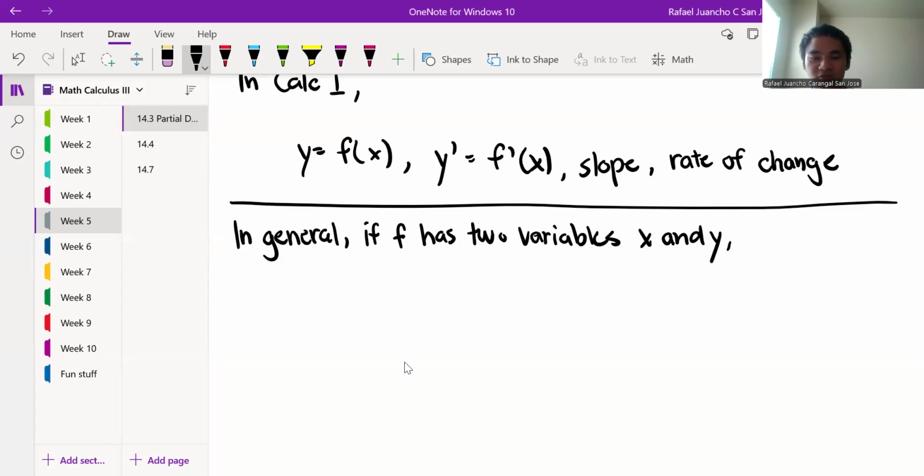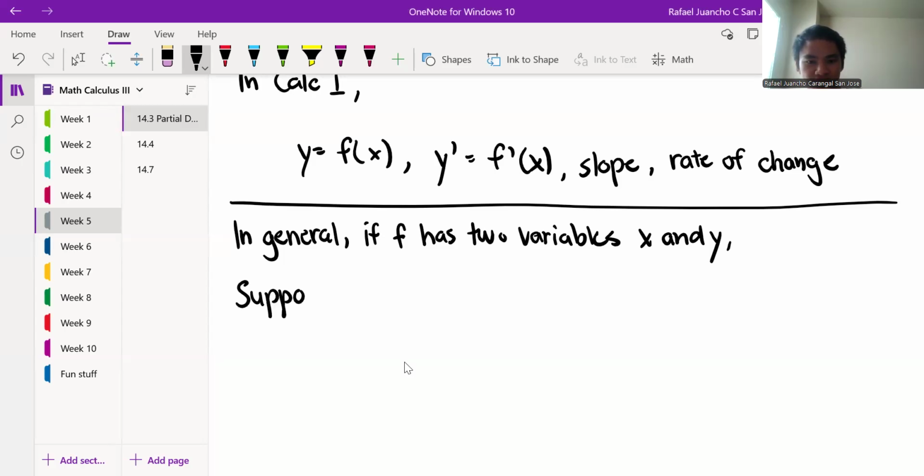So if we're given two variables, then how do we do it, right? Well, the buildup is very slow, but I'm just going to go through it. Suppose x is the variable, right? And we keep y fixed. So let's do that.